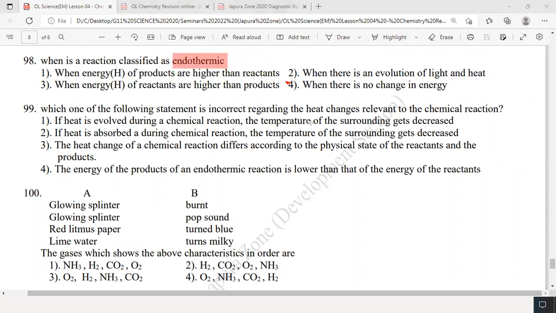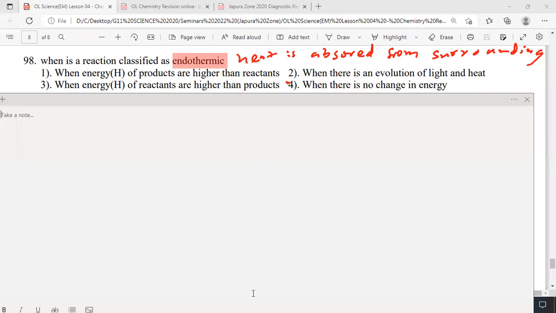Endothermic means heat is absorbed during the reaction. Heat or energy is absorbed from the surroundings. Therefore, the surrounding temperature goes down. If heat is absorbed, it is endothermic. What is the opposite of endothermic? Exothermic. What is exothermic? Heat is given out.